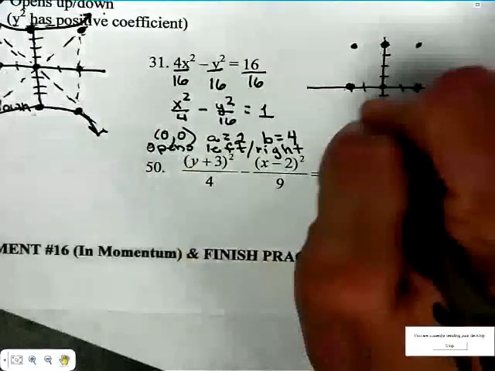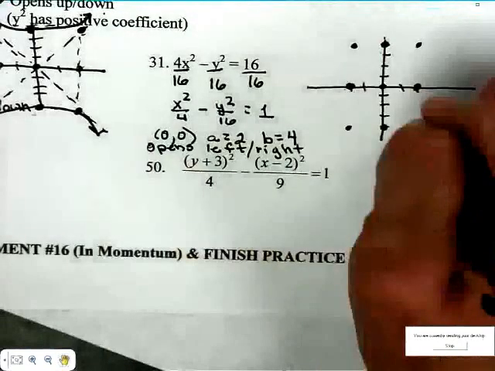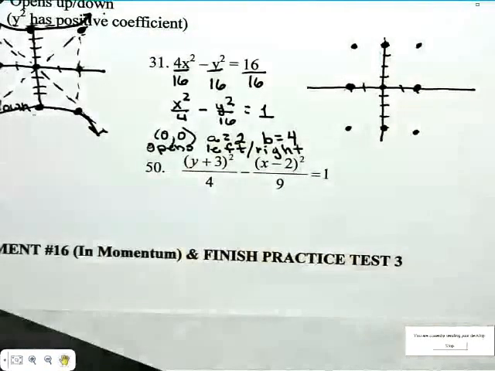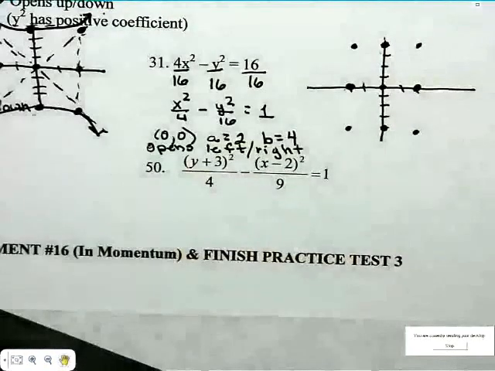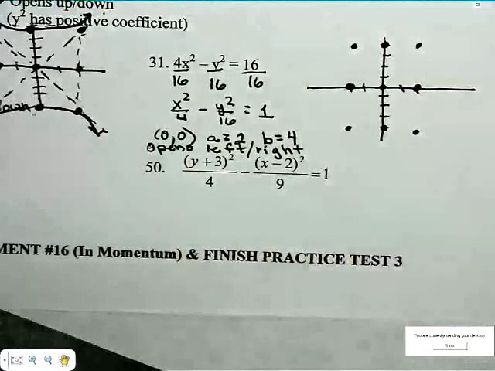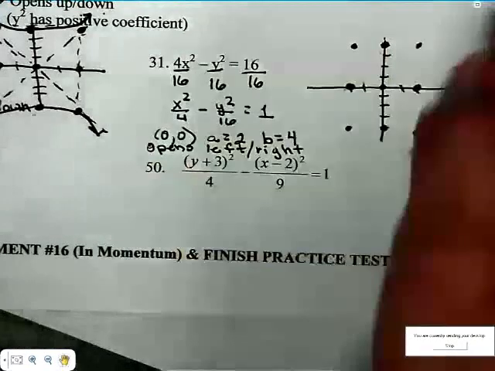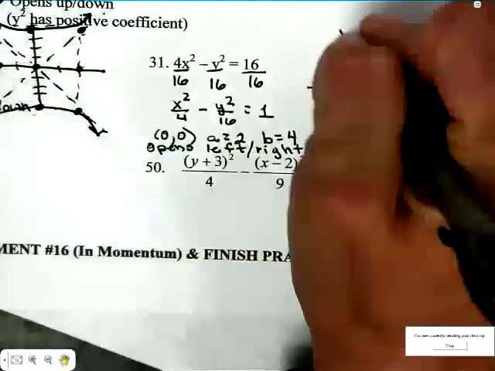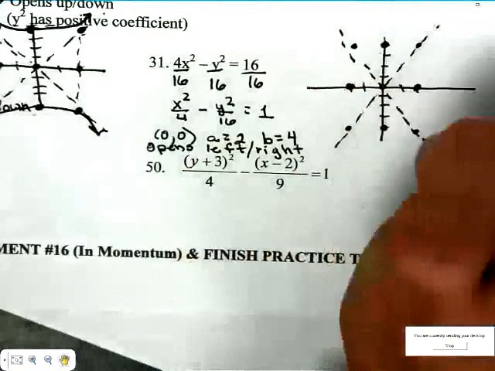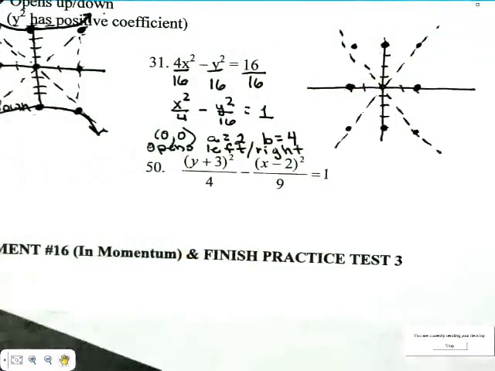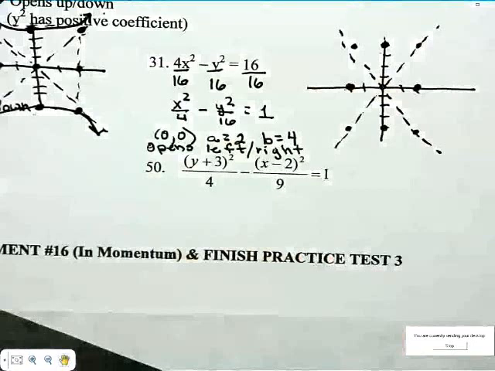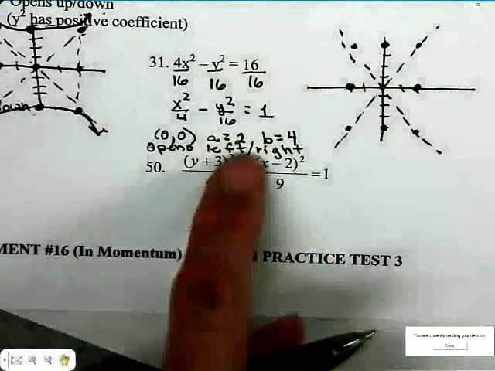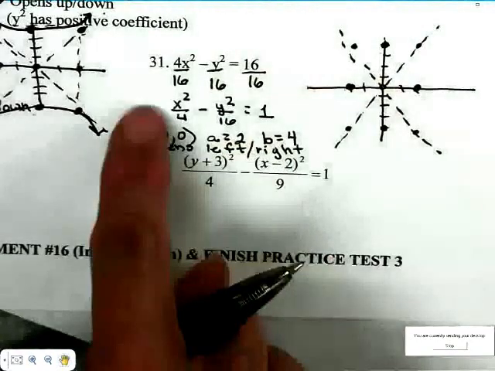You don't even have to say them. They're just hard to say. Just plot them. Can you see them? If you can see them, plot them. And then what? Dash in the diagonals. And then finally, make sure your hyperbola opens left and right, because the x squared had the positive coefficient.